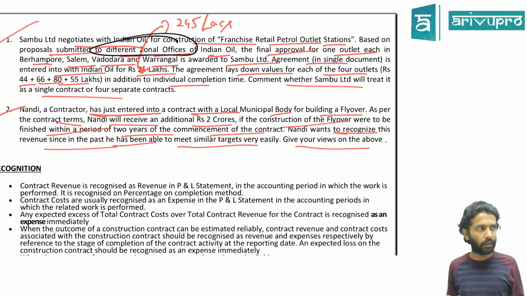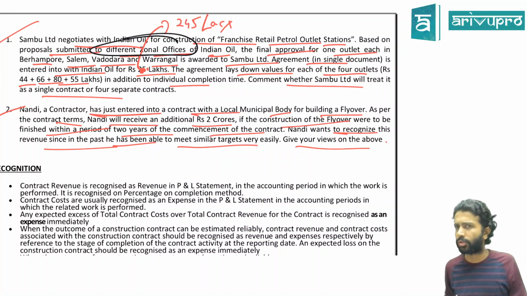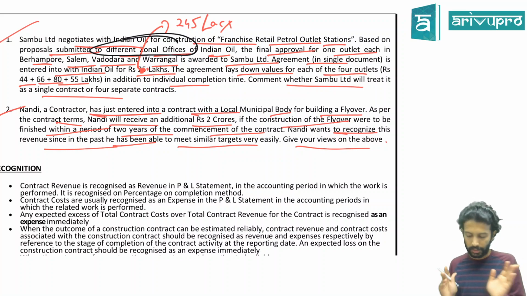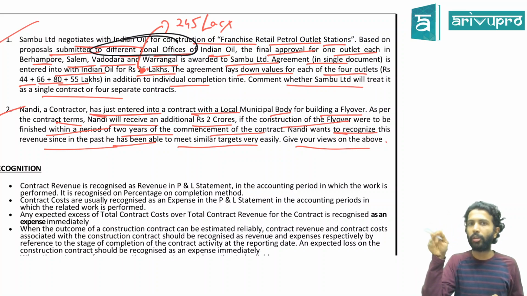So let's say he's constructing a flyover for the municipal body, BBMP. Maybe that value we don't know what it is. Maybe 10-15 crores could be the contract value. They're saying if he completes that flyover within 2 years time, then he will not only get the original price, but he'll also get some 2 crore extra.